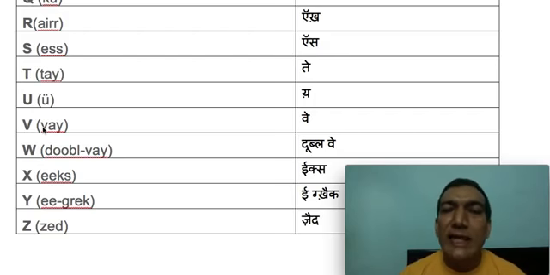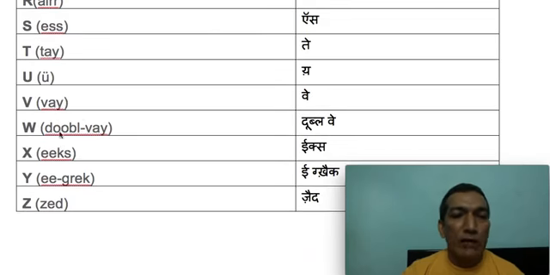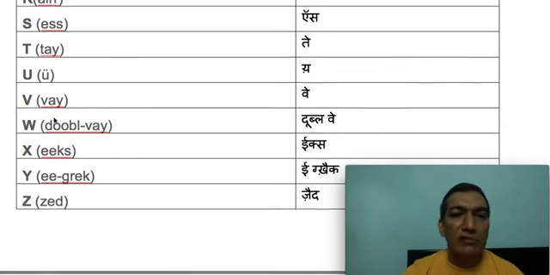W is pronounced differently. So these are two different sounds, V and W. You have to remember this: W is not V. If you find them in a word, these two pronunciations are different.